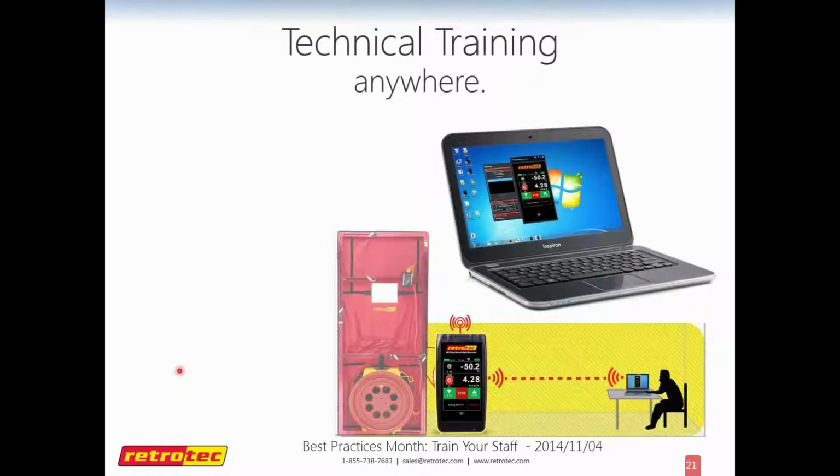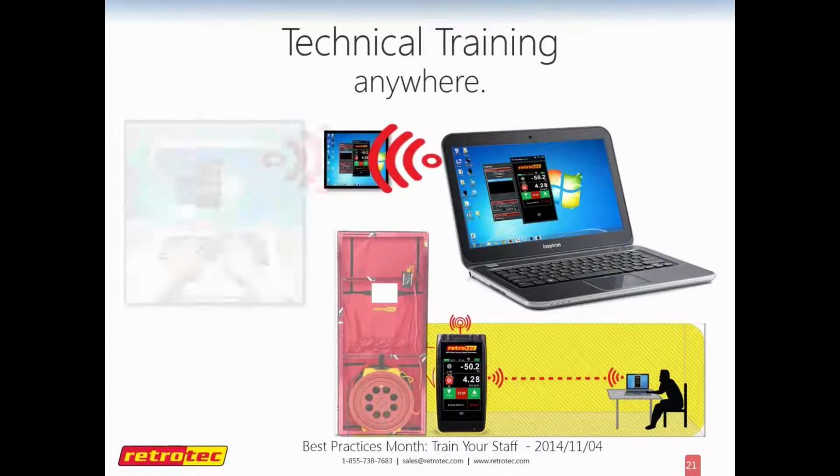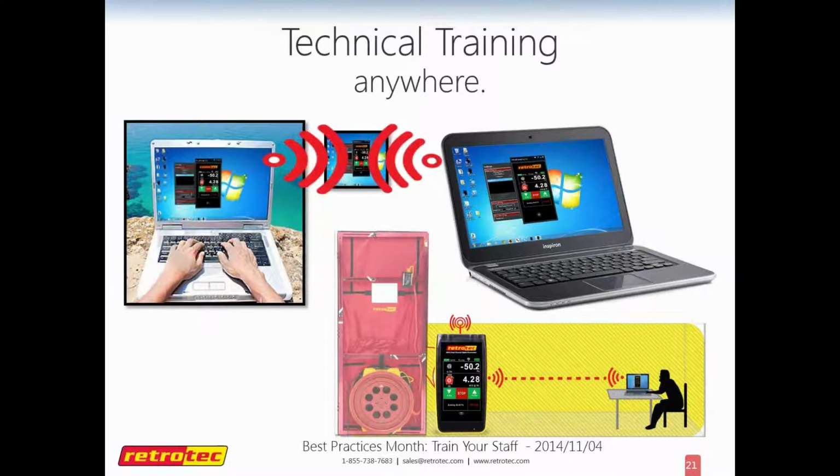So the big thing, of course, with on-the-job training is that you've got to be on the site. You need to have a trainer on site. So this is one of the solutions that we provide via our DM32 Wi-Fi gauge. Via this DM32, you can actually set up a screen share.